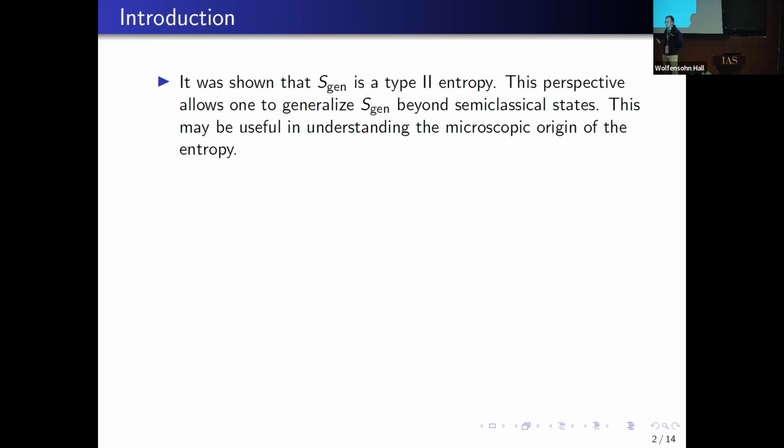And these are states in which the fluctuations of the spacetime geometry are very small. But in the formalism, they also could have considered states where the fluctuations of spacetime were not small. And so there are more general states that are not semi-classical. And I think that being able to talk formally about the entropy of these states, as well as compute the entropy in particular cases, could be useful in understanding the microscopic origin of this entropy.